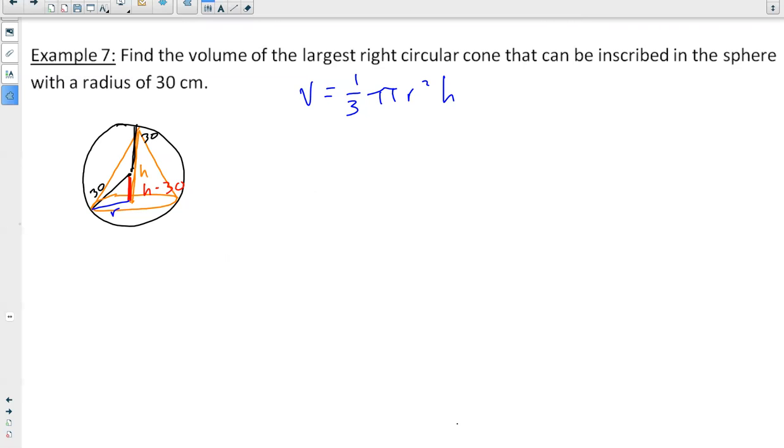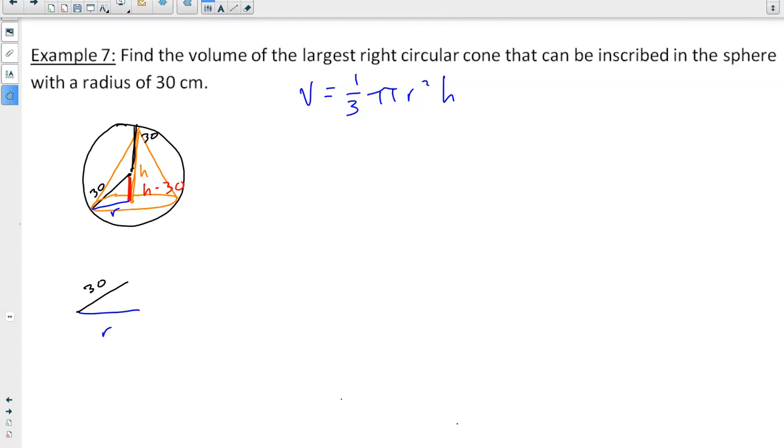Okay, so I want us to focus in on this small triangle that is part of the cone, but also part of the sphere. Okay, so we have radius r at the bottom. We have a hypotenuse, which is the radius of our sphere, which is 30.